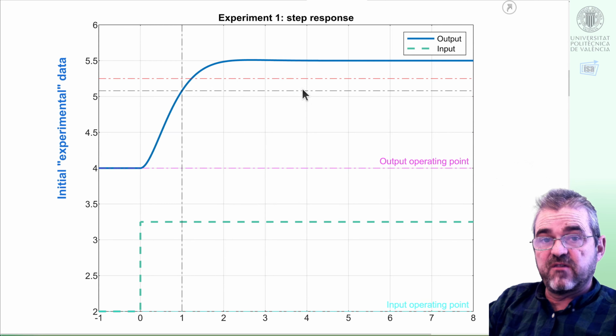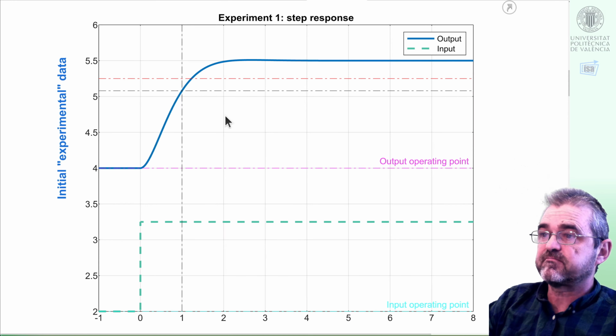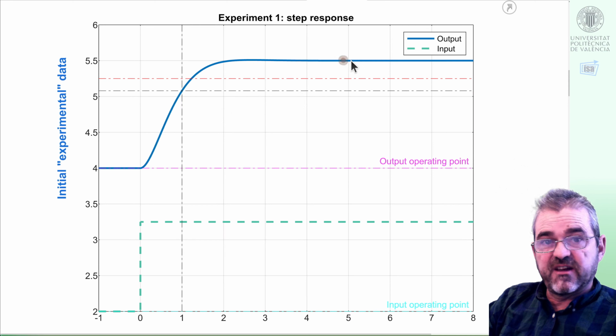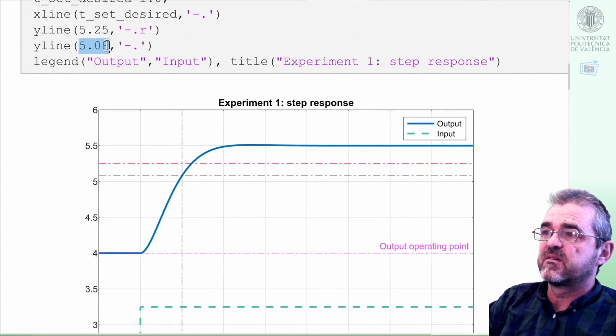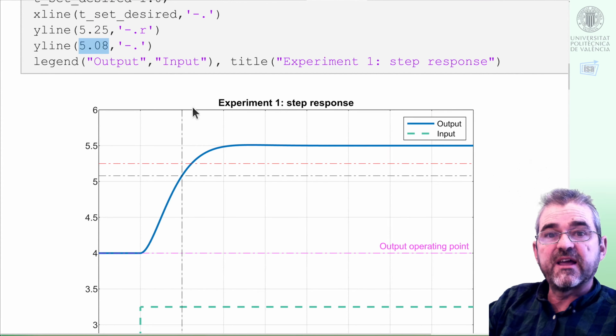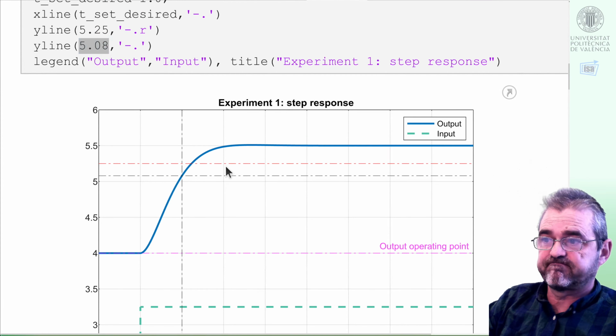If we assume the system is linear and time invariant, the only thing we need to do is a couple of proportionalities, so let's do it. Final value is 5.5, and the value after 1 second in this experiment is 5.08. Good.